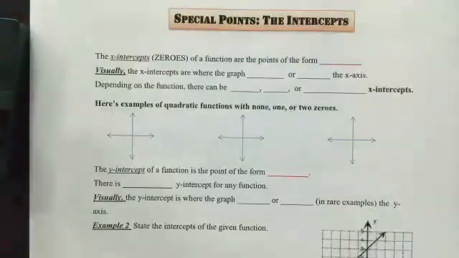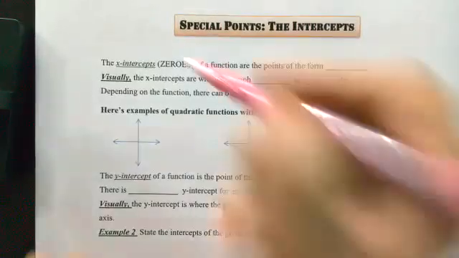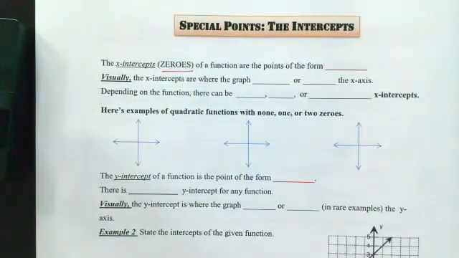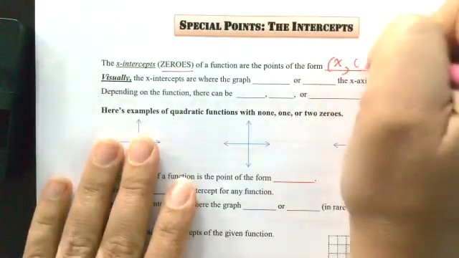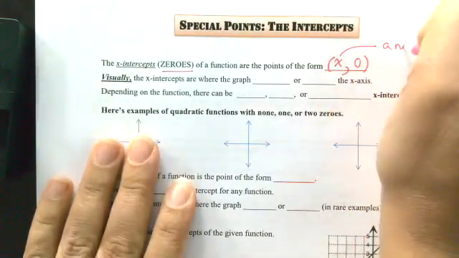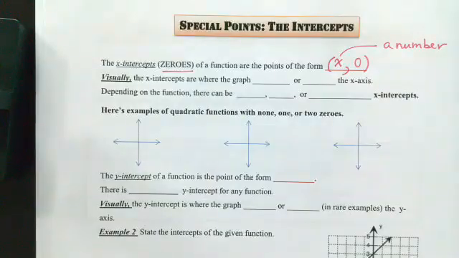Okay, so let's talk about these special points called the intercepts and give you some review notes for them. X-intercepts, sometimes called the zeros of a function, are the points of the form x, 0, where x is just a real number.